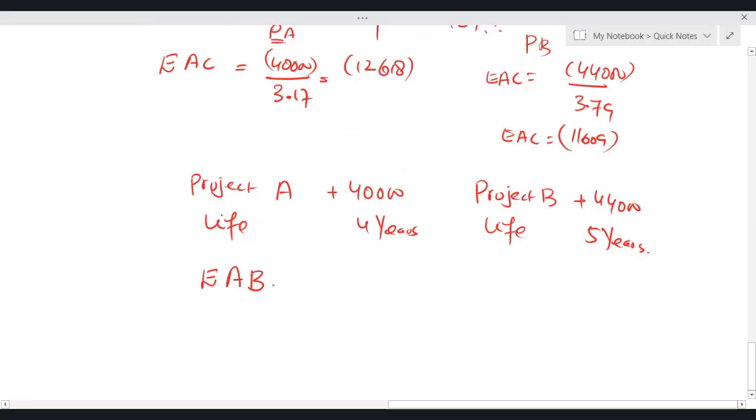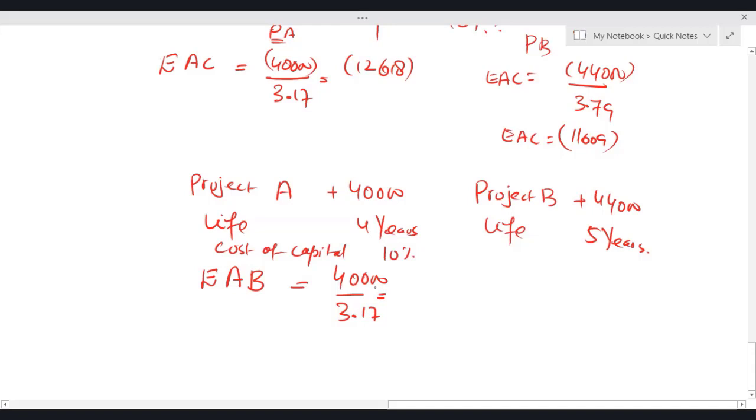Earlier we calculated the equivalent annual cost. Directly you cannot make the decision on the basis of 40,000 and 44,000. Why? Because the lives are not comparable. So to make them comparable, we are calculating the equivalent annual benefit. 40,000, let's say the cost of capital is the same, 10%. I'll divide this by 3.17.